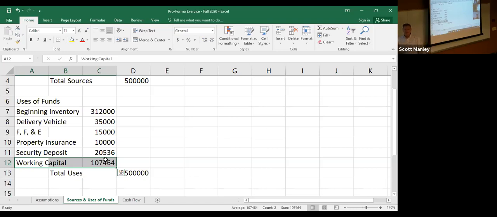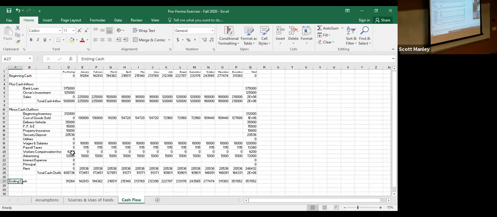Okay, that comes in from your assumptions. And that would be things like on my cash flow, my workers' compensation insurance. Okay, because in my assumptions, I told you that my workers' compensation insurance was going to be 3.5% of my total payroll for the year.